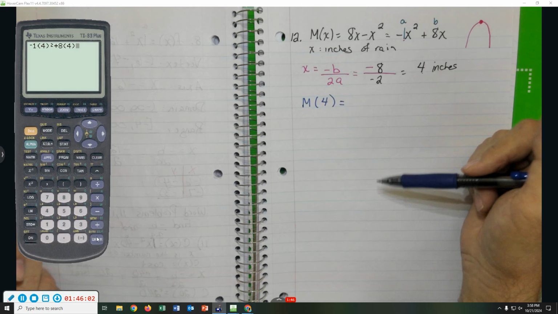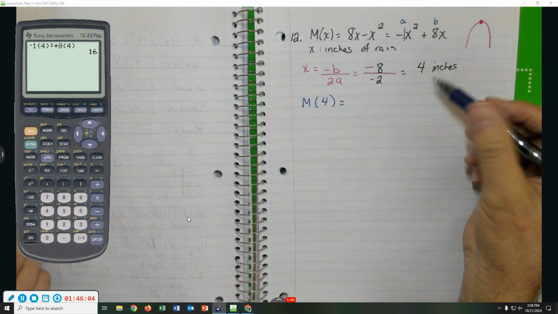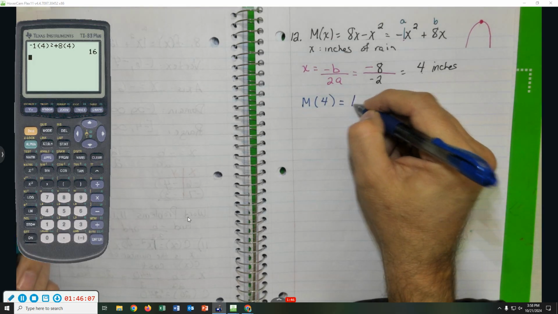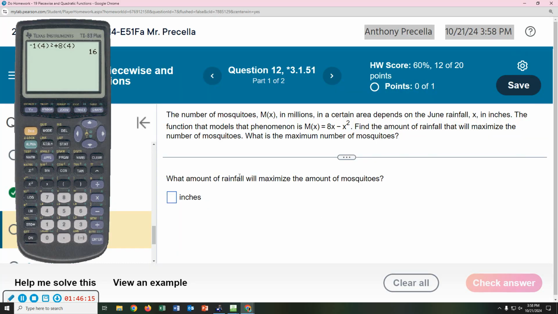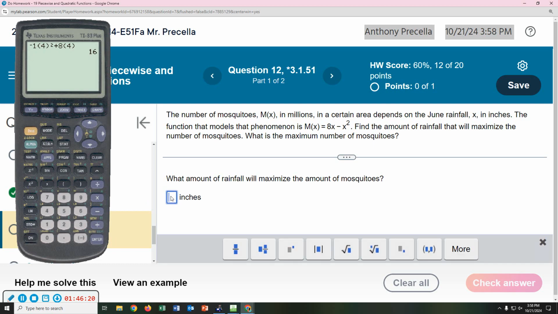This one I can do in my head. Negative 16 plus 32. That's going to be 16. So are there 16 mosquitoes? I think it's 16 million mosquitoes. I better put in the number of inches first. We said that was going to be 4.